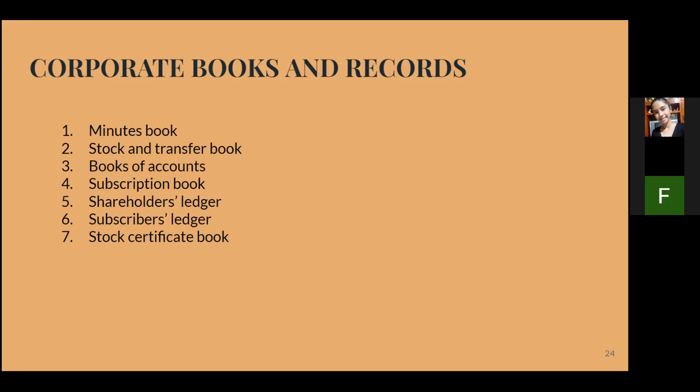And sixth, subscribers ledger. Ledger for subscriptions receivable account. It also reports the individual subscription ng mga subscribers. And the last one, stock certificate book. Book of printed blank certificates of stock.